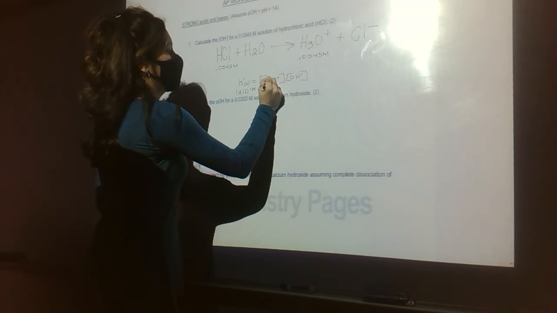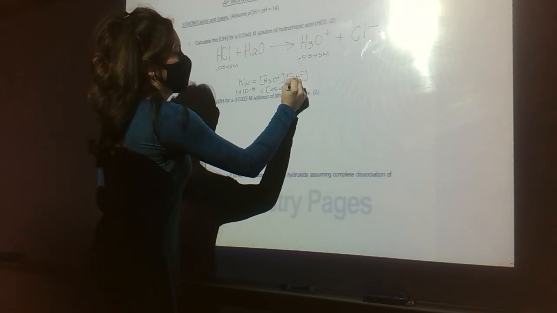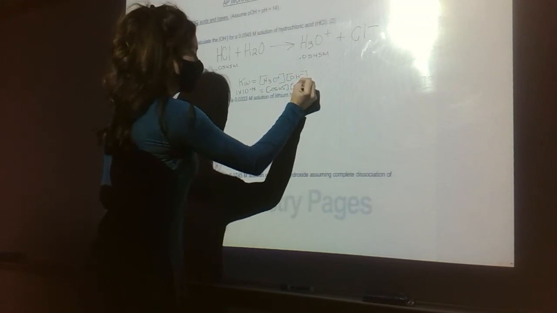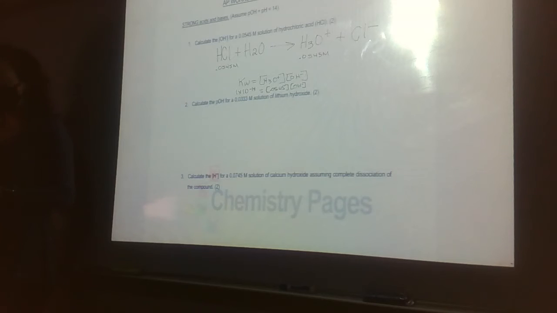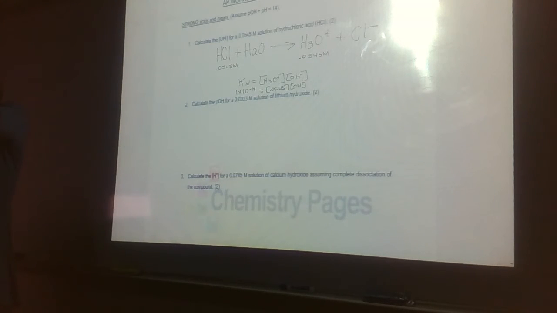We know hydronium, and we can solve for hydroxide. You also could have found the pH using this, then found the pOH, 14 minus the pH, and then taken 10 to the negative pOH to find your hydroxide concentration. Either one works, whatever makes more sense to you. But that's number one.